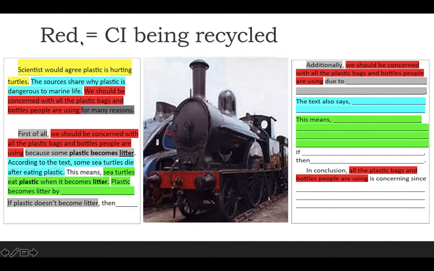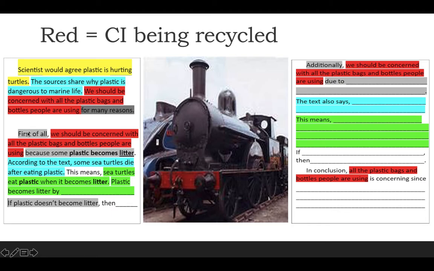So the red highlighted portions are the CI being recycled or reused. The CI comes from the prompt. If you look here, in our introductory paragraph, we have our US, our SS, and then our CI. And at the end of our CI, we have for many reasons. So the CI says, we should be concerned with all the plastic bags and bottles people are using.